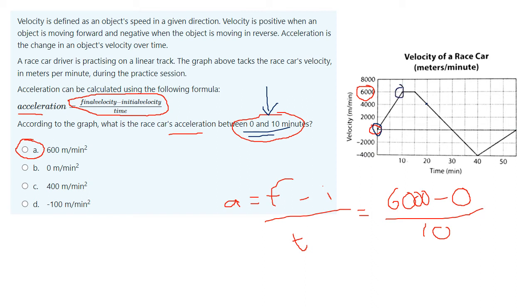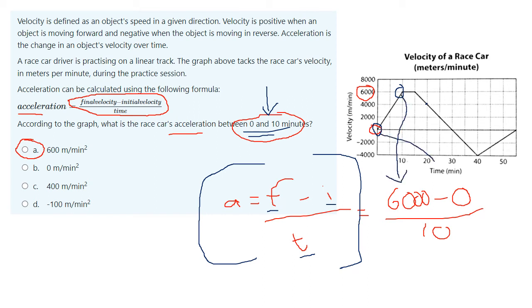And as I've said many times before in these videos, I start by writing out the formula, and then I try to find pieces of information by looking at the text and by looking at the graph. So this is the final velocity, 6,000. This was the initial velocity, 0, and the time was taken from the question, 10.